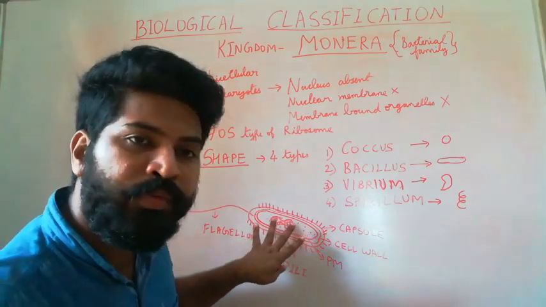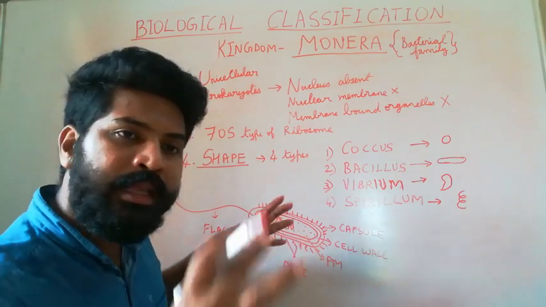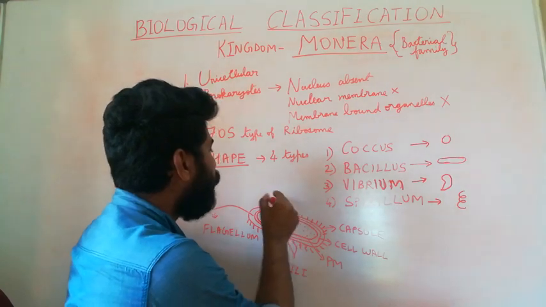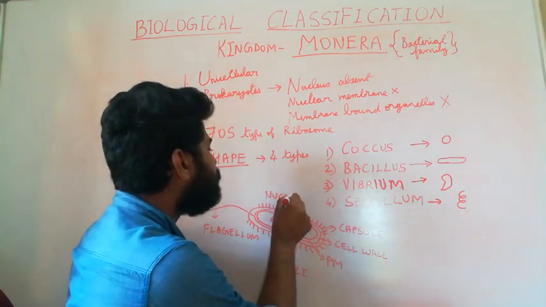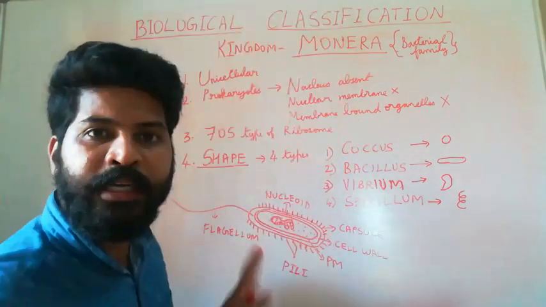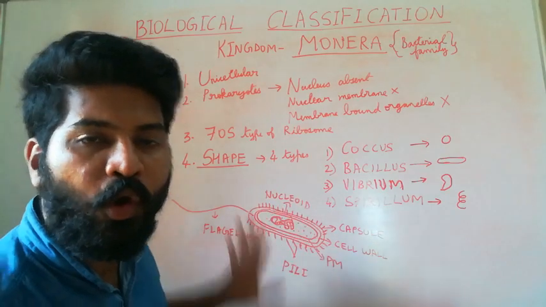With the help of certain proteins, the DNA is present in a region called the nucleoid region. So it is not spread everywhere in cytoplasm, but in a small area called the nucleoid.